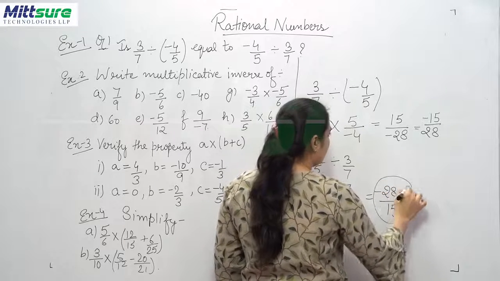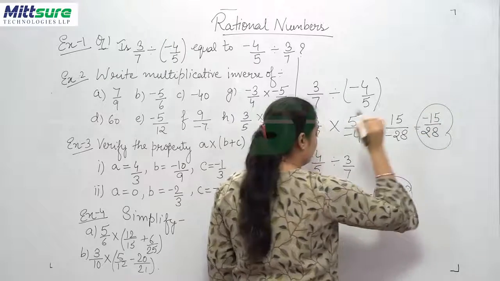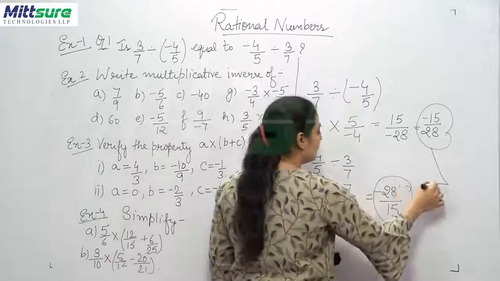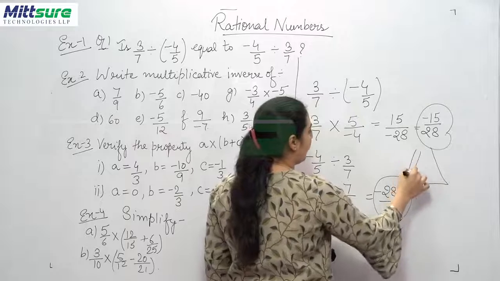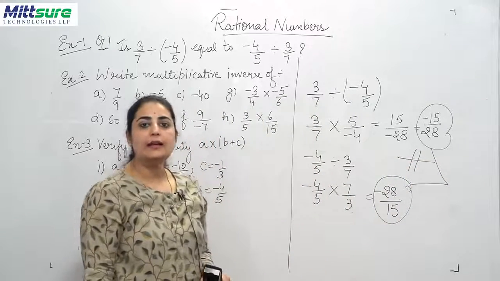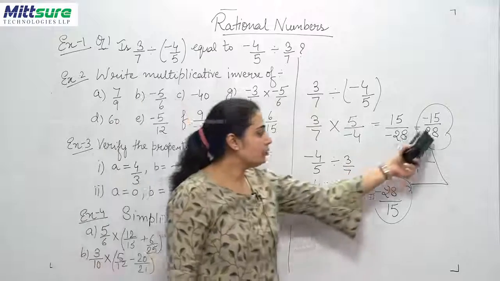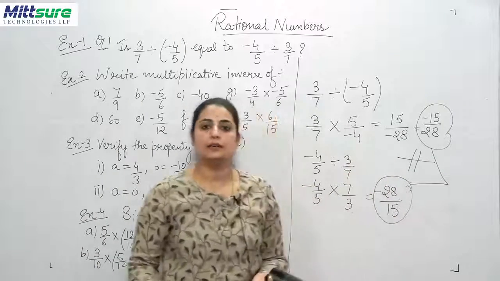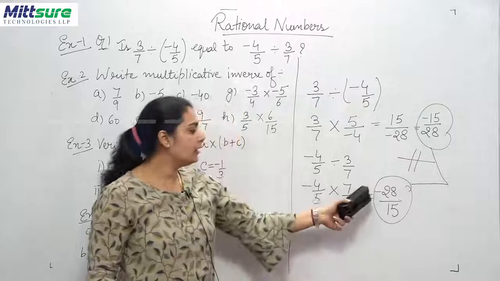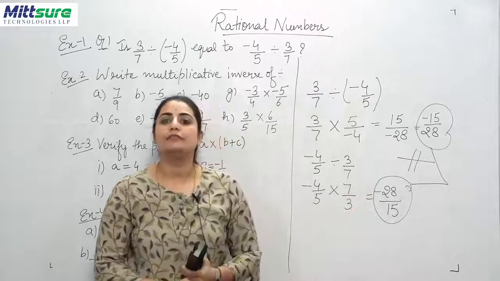So it is already in the standard form, but you can see the difference here that these two are not equal. Why are they not equal? Because the quotient in both the cases is different. Here minus 15 upon 28 and here minus 28 upon 15.